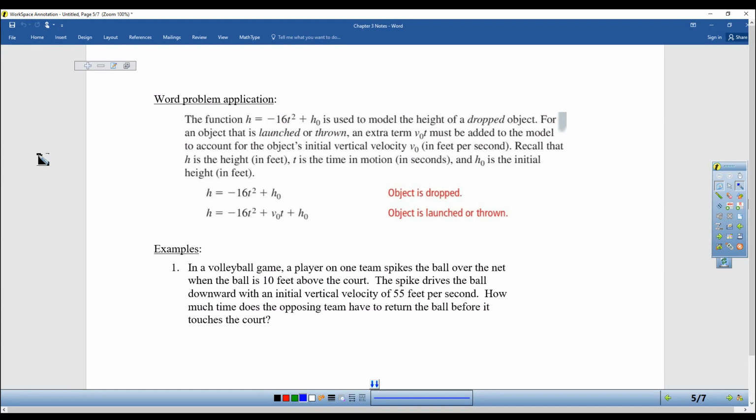So in other words, if you were just standing and you just dropped something, then the only effect on it would be gravity. But if you actually threw it down with some kind of force, not just let go with your hand, then it would use this equation because it has some kind of initial velocity.